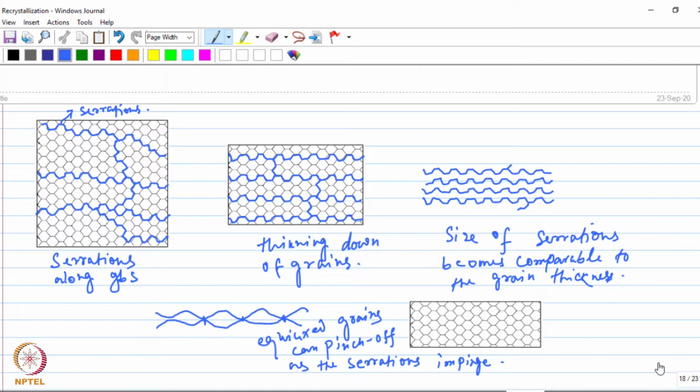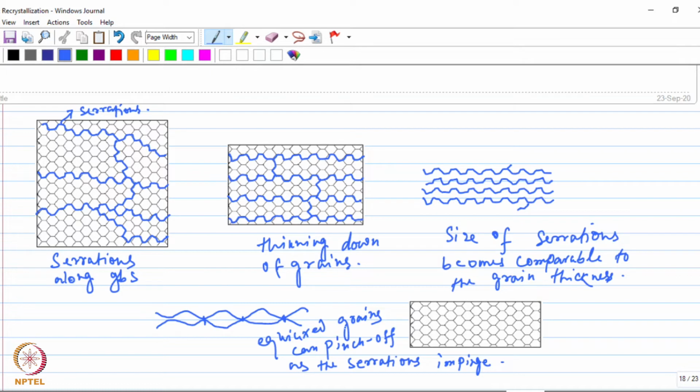All right, so one thing you would have realized by now in all these dynamic recrystallization mechanisms is that the new grains which are forming are not only recrystallized, but they are also finer in size, right? In every mechanism that we have discussed, whether it is DDRX, CDRX, or GDRX, the new grains which are forming are equiaxed finer grains, right?